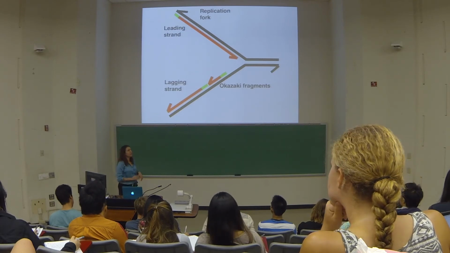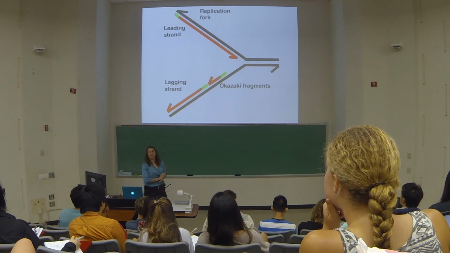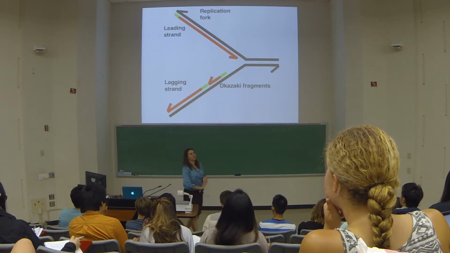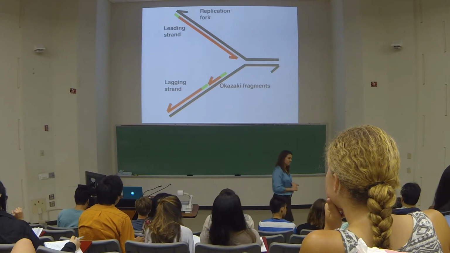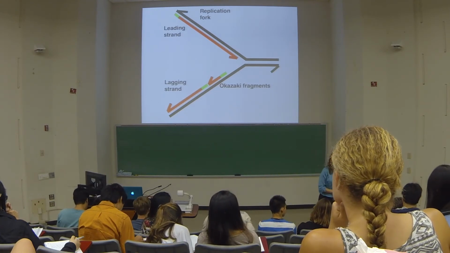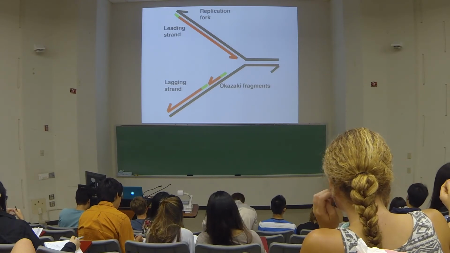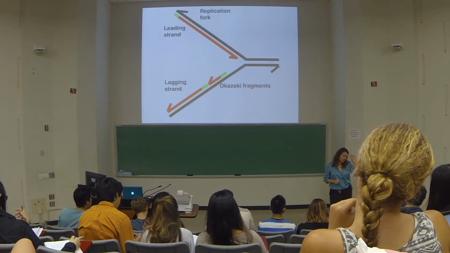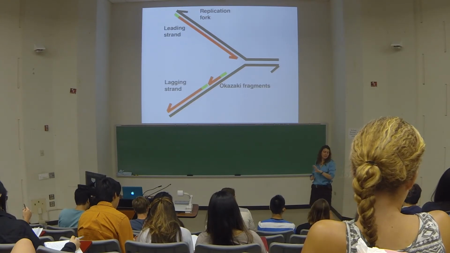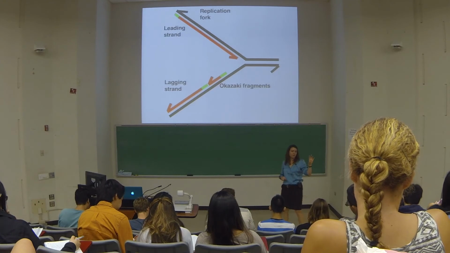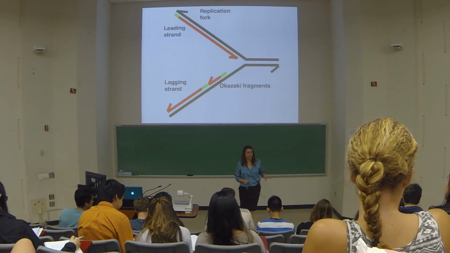All right, are there any questions about DNA replication or about any material covered for the exam? DNA polymerase 3 in bacteria is the one that sits down on the 3' hydroxyl of the RNA primer and does the synthesis for both the leading strand and then the fragments of the lagging strand.